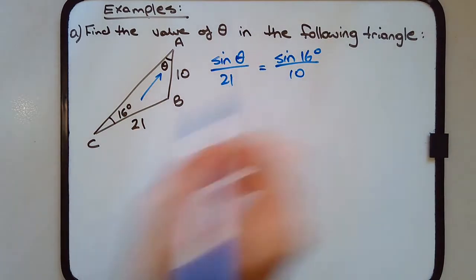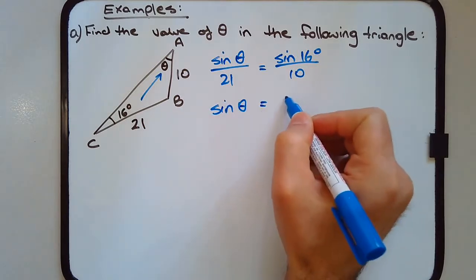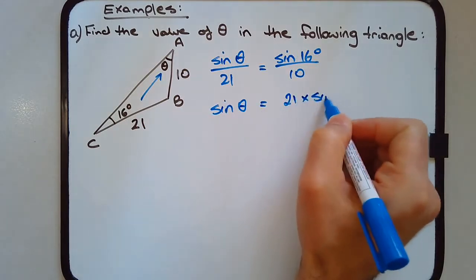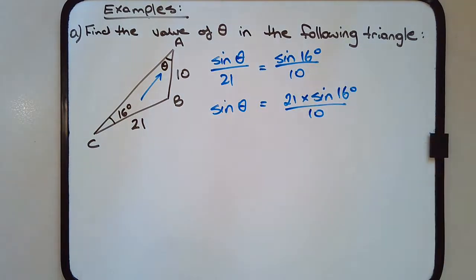Multiply both sides by 21, so sine theta is equal to 21 multiplied by sine of 16 degrees over 10. Notice that I haven't even used the calculator yet. I'm just setting it up first, and the last thing I'll do is enter it all into the calculator and round right at the very end.